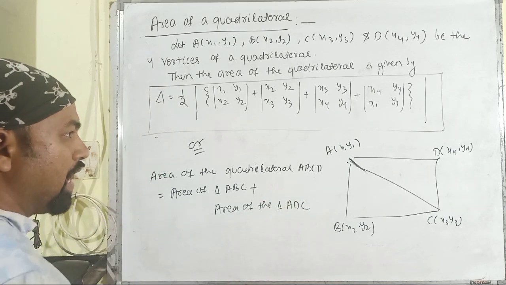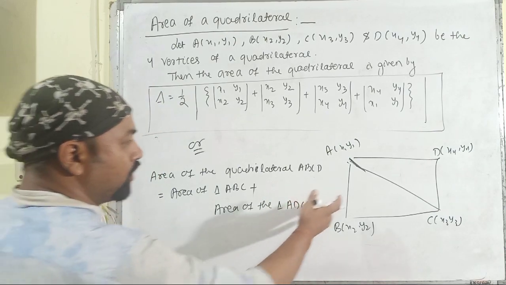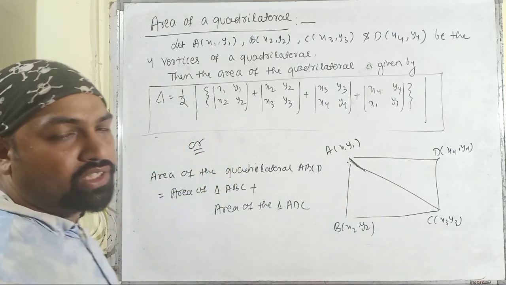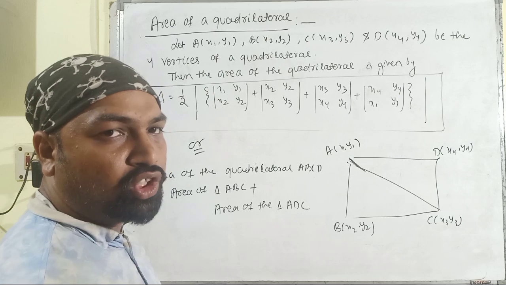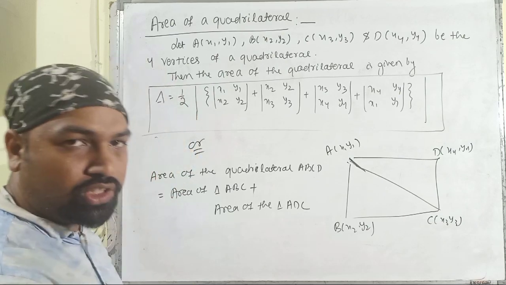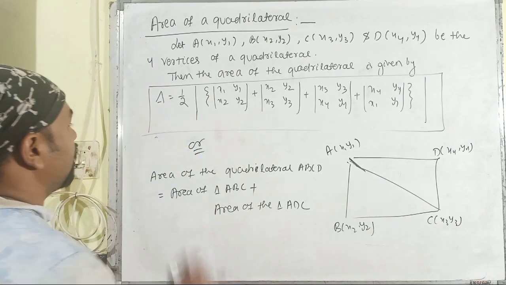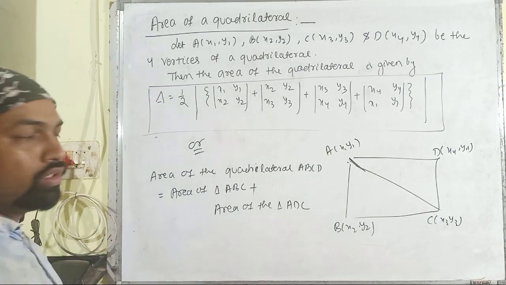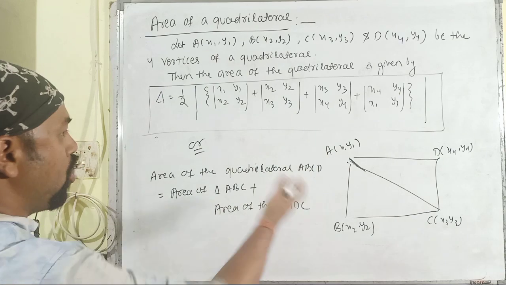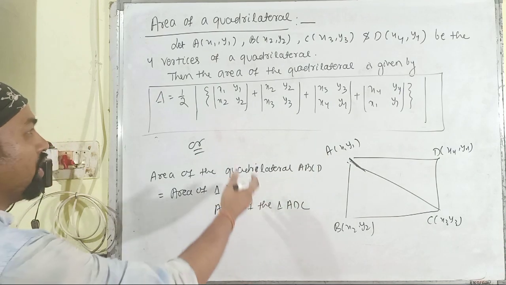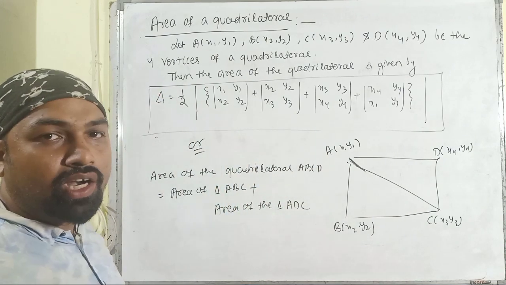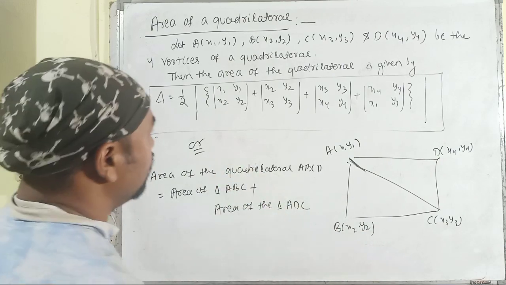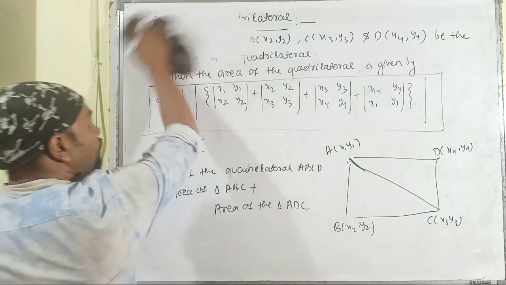Because very simply you can evaluate the area of the triangle ABC or the area of the triangle ADC by using our general method of evaluation of the area of a triangle that we have just discussed. So these are the methods that we have to use. Both of the methods you can use, either the determinant method or the triangle method, then you can find out the area of the quadrilateral. Then let us discuss the last problem of this video session, then we have to conclude the video session.